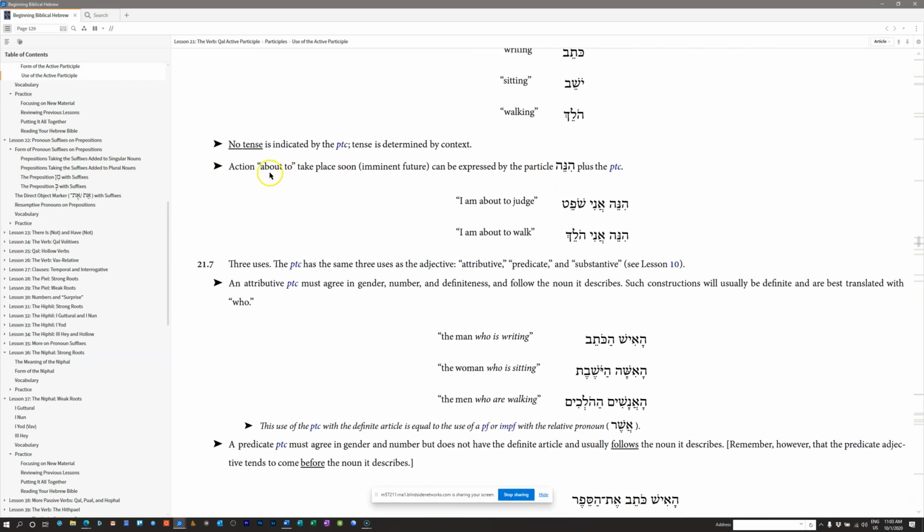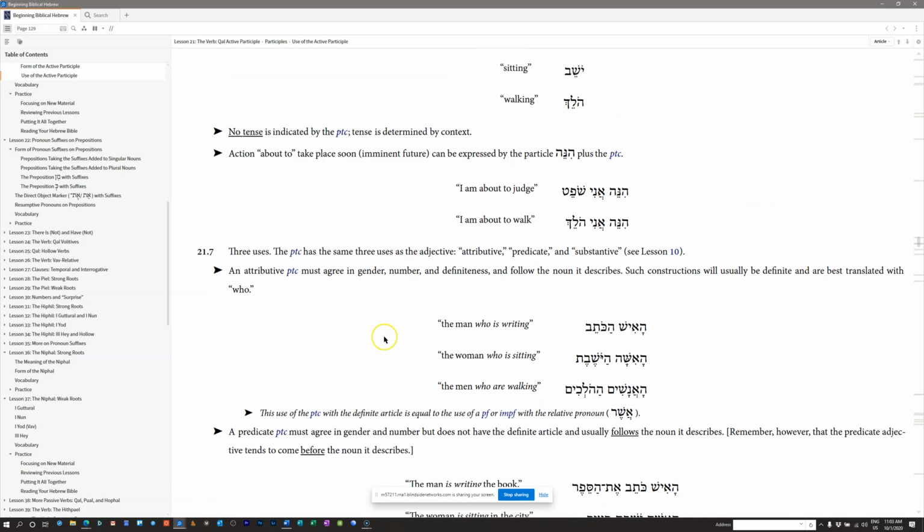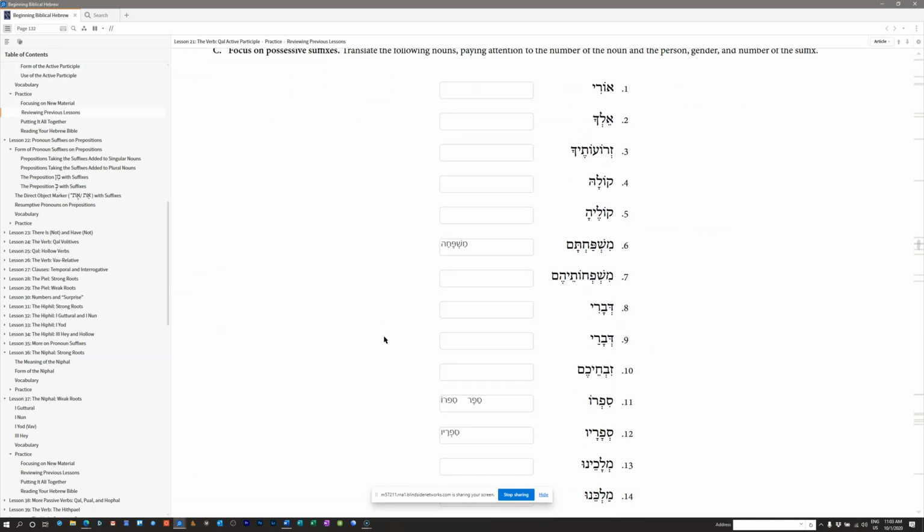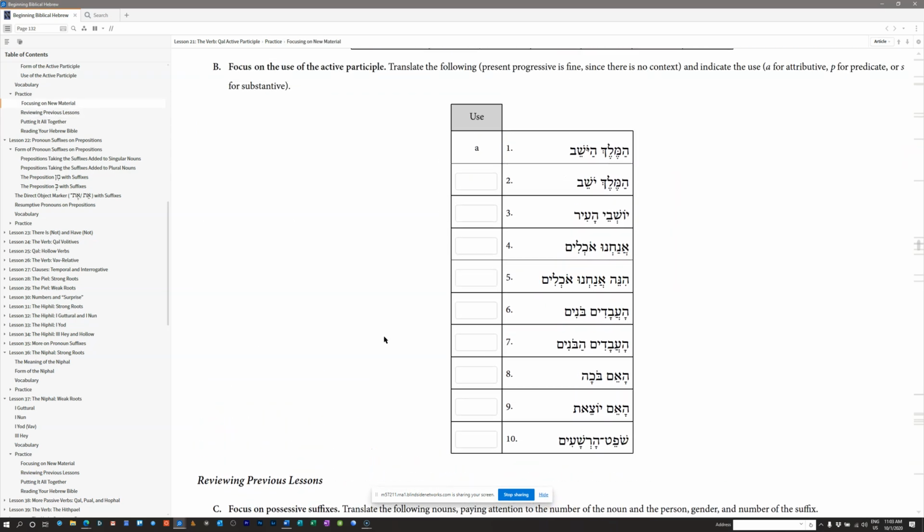Oh, about to. Gotcha. Okay, so we are about to eat would be how you would translate this. That's a different function of the hene particle. So hene sometimes is attention getting, sometimes it's sort of like an anticipatory particle. So he's saying you would translate this as we are about to eat. And again, that would be predicative.